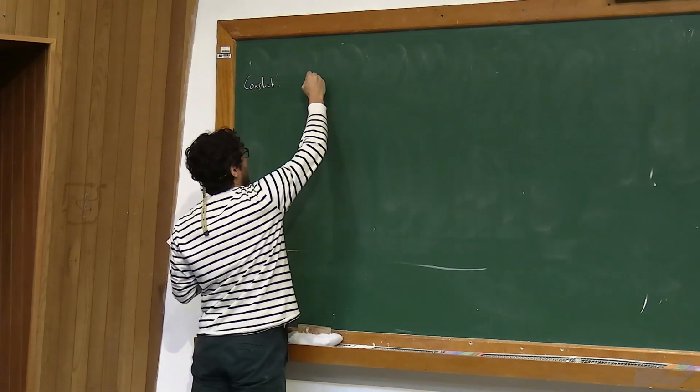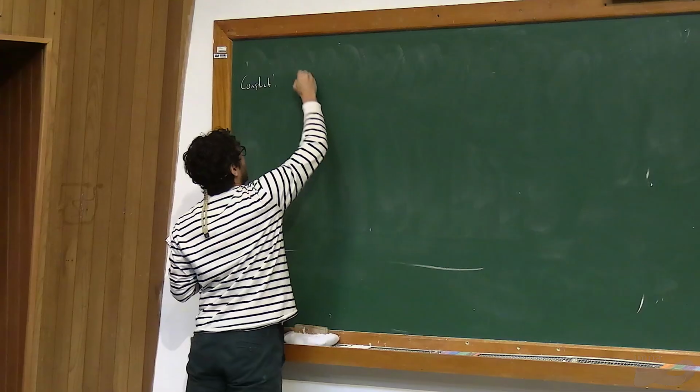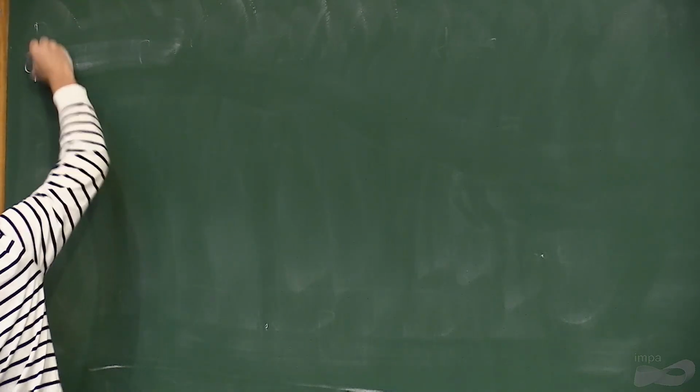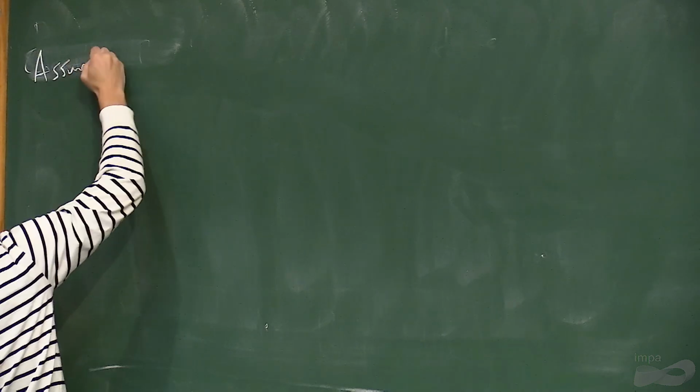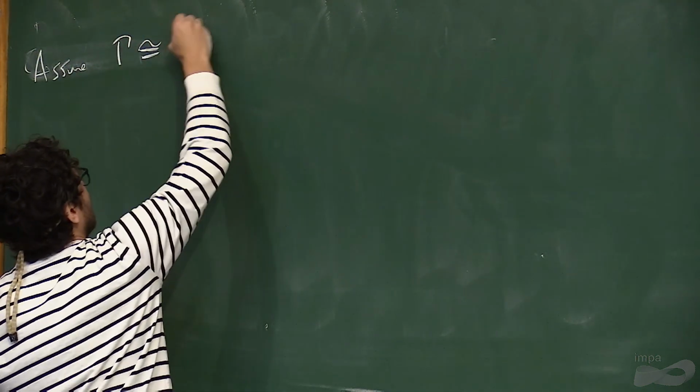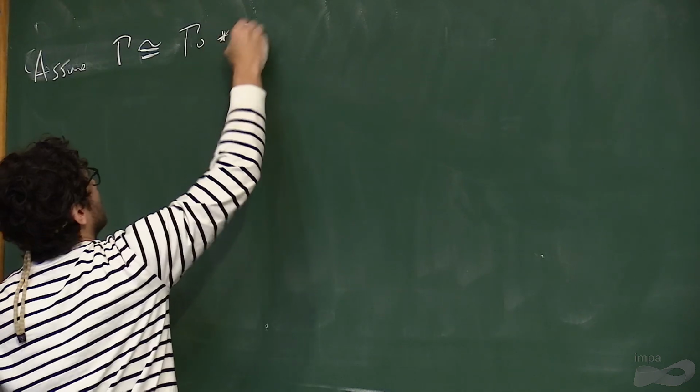So I can make gamma. So assume, by contradiction, assume gamma was isomorphic to gamma 0 free product with Z.